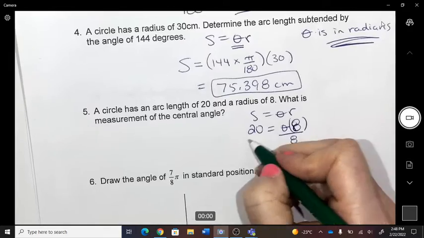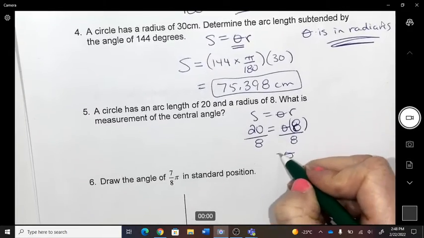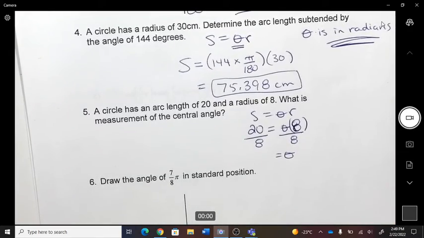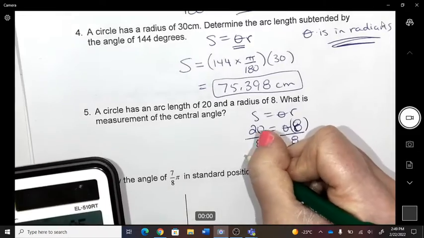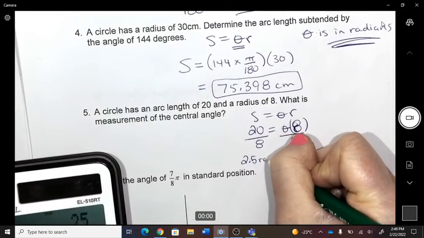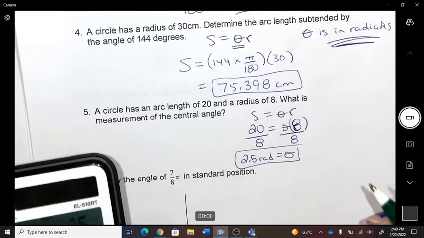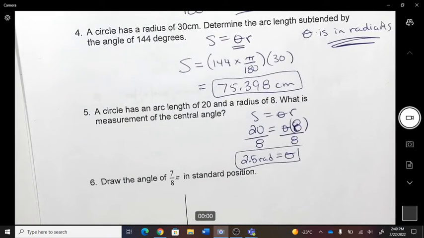Okay, so I'm going to divide by 8. And I get 2.5 radians. That is the angle.